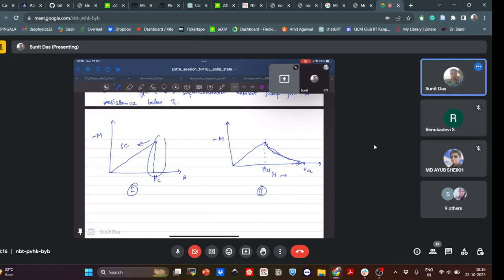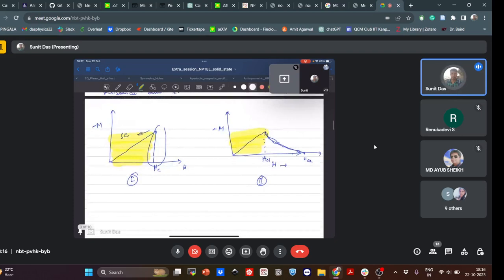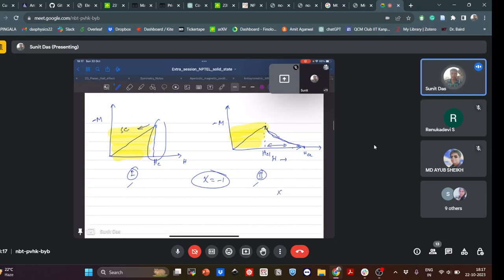For this portion, that is the linear minus M versus H behavior, chi is exactly minus 1, right? So it is perfectly diamagnetic for both type 1 and type 2. But beyond Hc1, mod chi will be greater than 1.